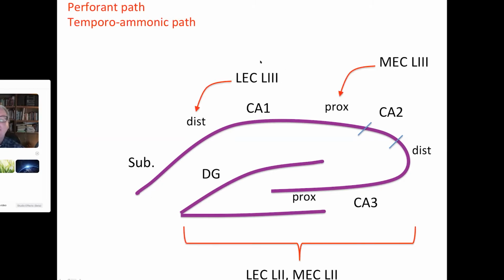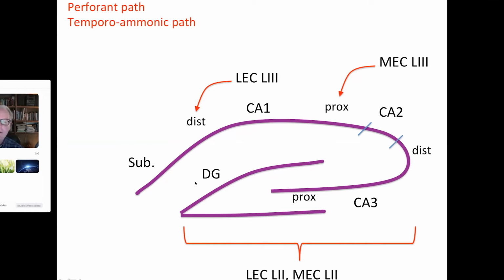So for example, we know that lateral entorhinal cortex layer 3 projects to the most distal part of CA1, whereas the medial entorhinal cortex layer 3 projects to proximal CA1. Layers 2 of MEC and LEC project to both the dentate and CA3. But it turns out actually that the projection to CA3 is much greater out here than here.